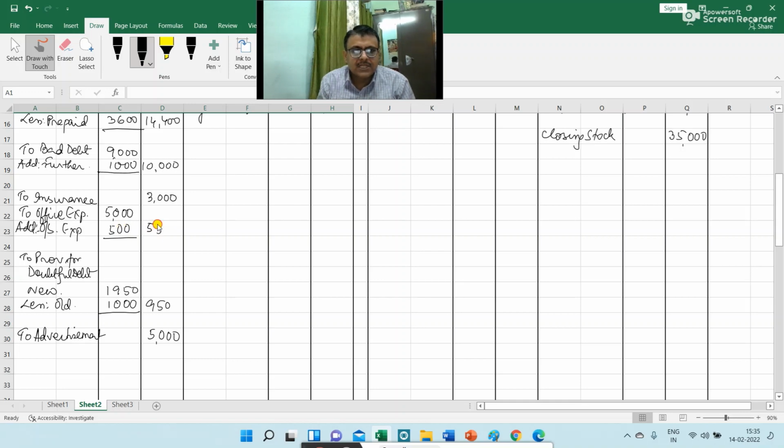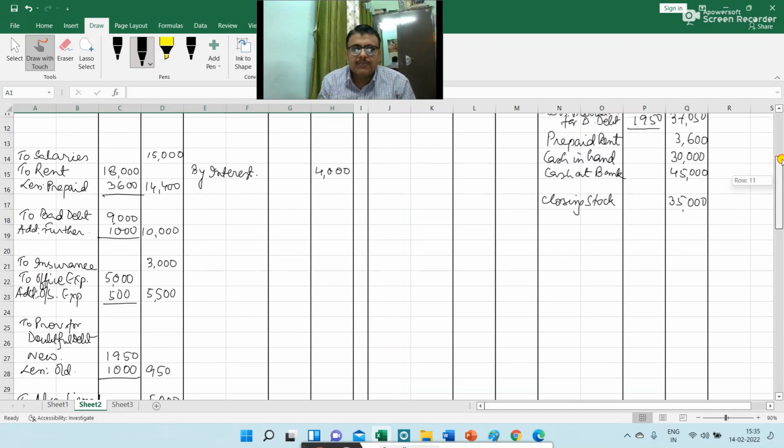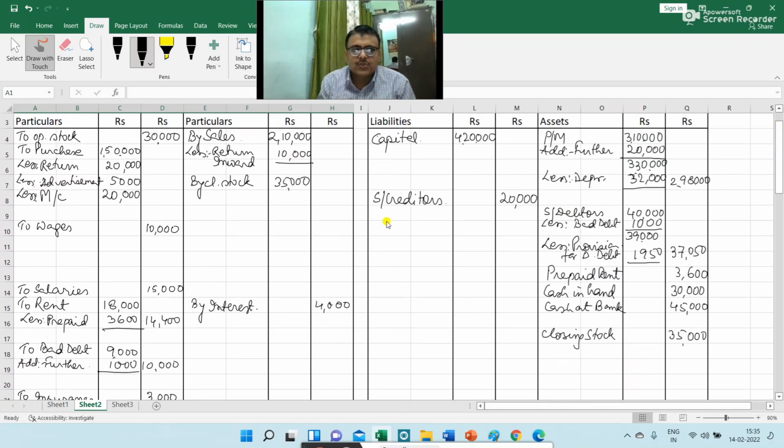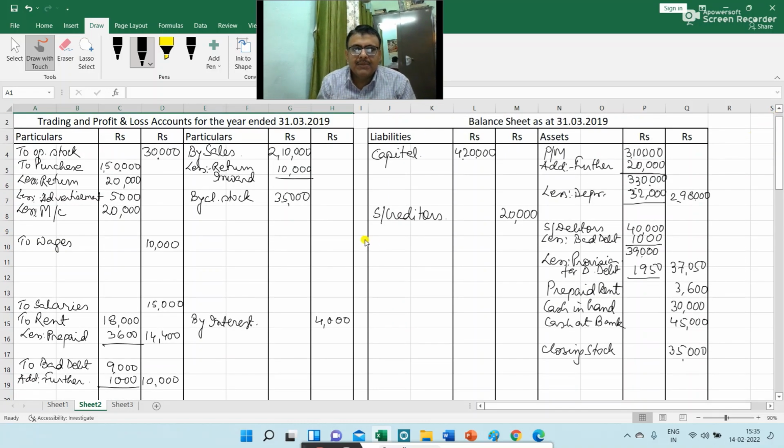So actual office expense is rupees 5,500, and this outstanding balance of 500, I am going to show on the liability side of the balance sheet as outstanding office expense, rupees 500. So this way I have recorded all the adjustment entries given in the question.